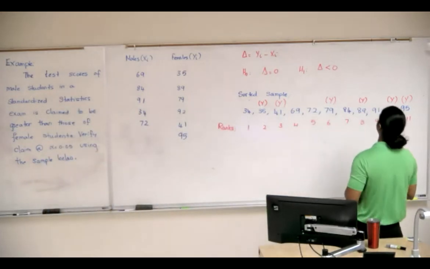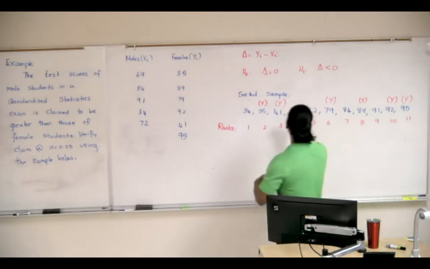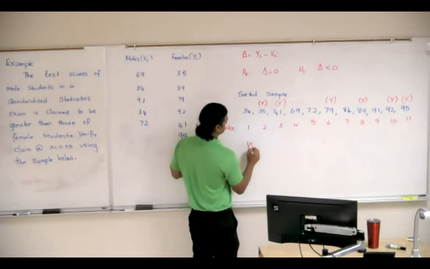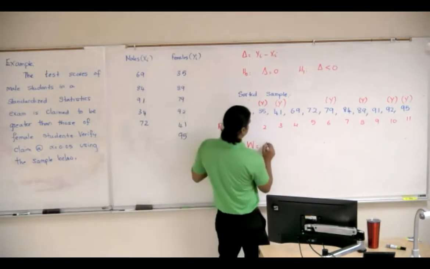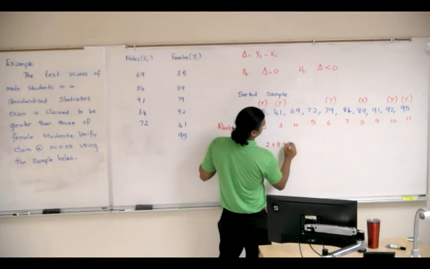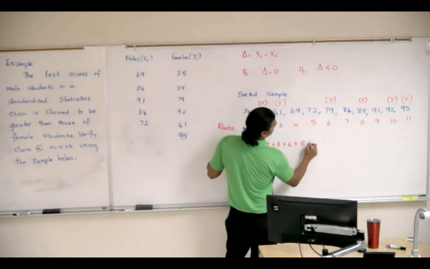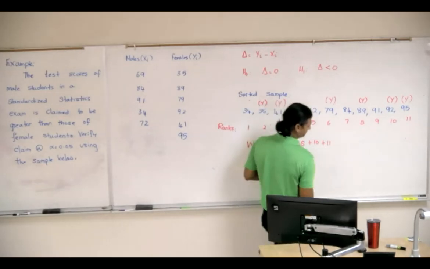Similar to the text, W would be the sum of those ranks: 2 plus 3 plus 6 plus 8 plus 10 plus 11.